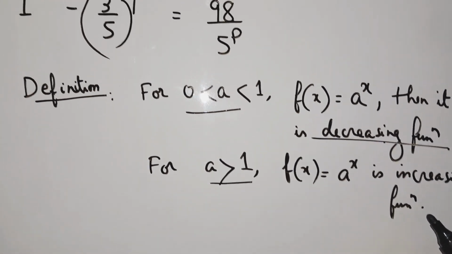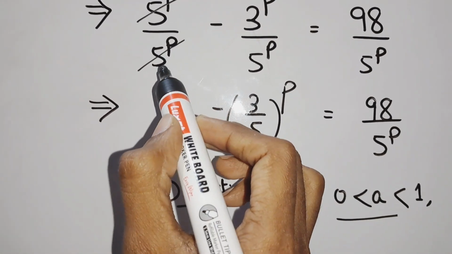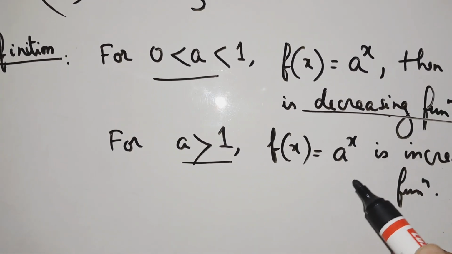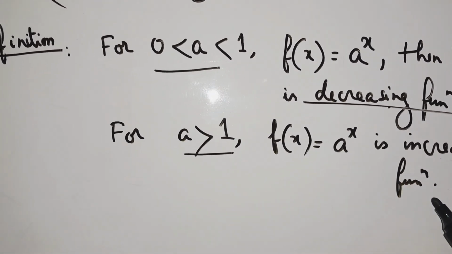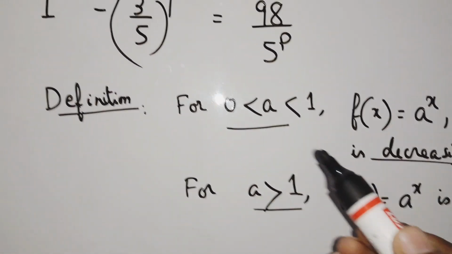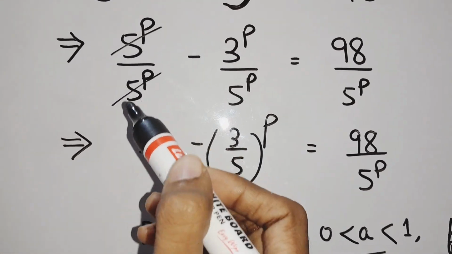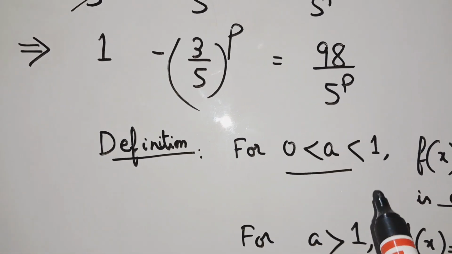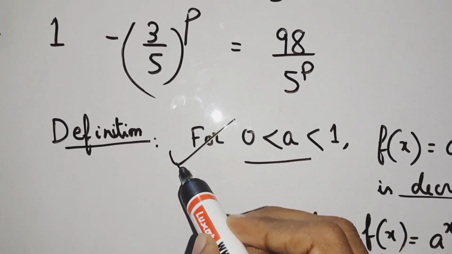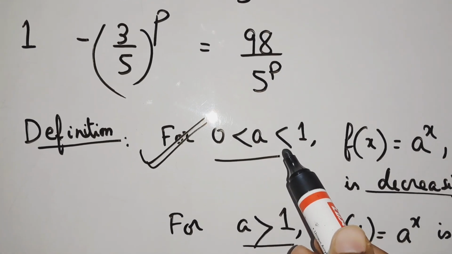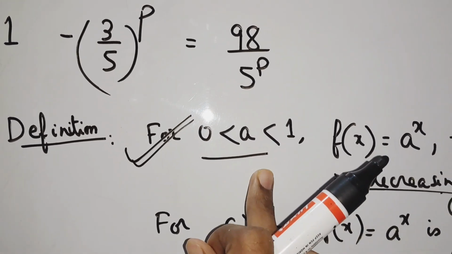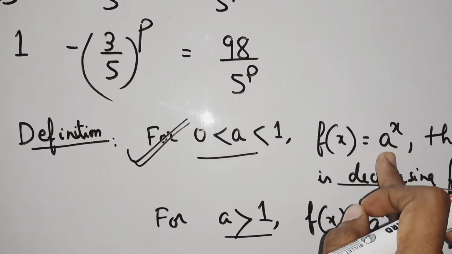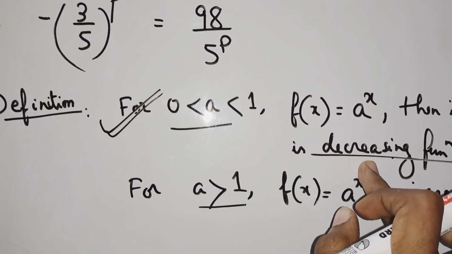That is why we have taken 5 to the power p, because 5 is greater than 1, so 5 to the power x is an increasing function. It is never equal to 0, hence we are able to divide by 5 to the power p on both sides. Now we can clearly note here that our a is 3 by 5, and 3 by 5 to the power x is a decreasing function.